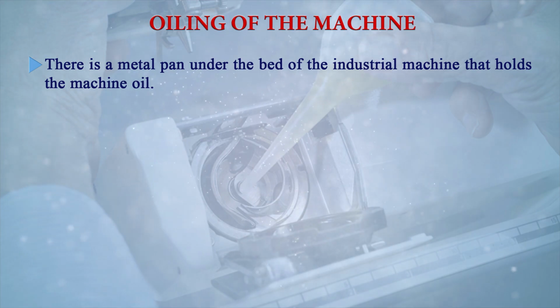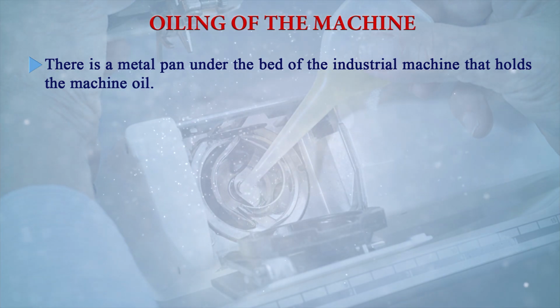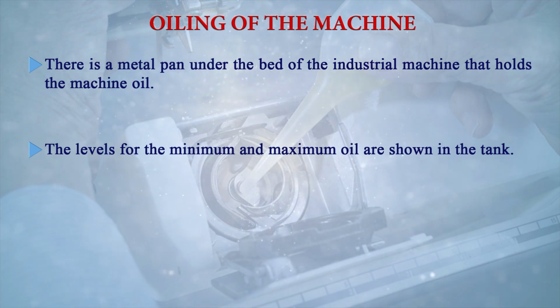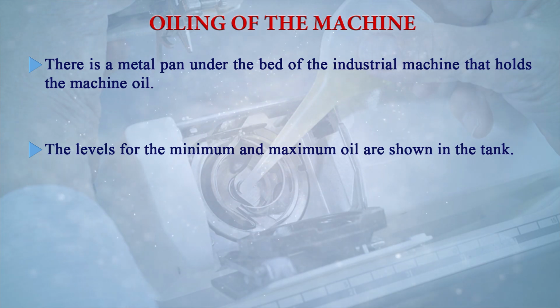For that, on every machine we have some particular points where oiling is very important. The levels for the maximum and minimum oil are shown in the tank or the part we are using.